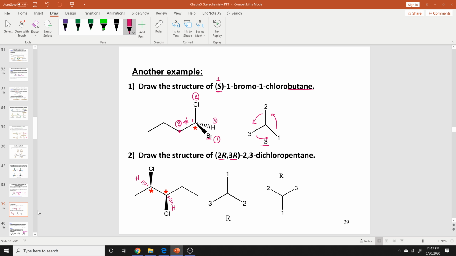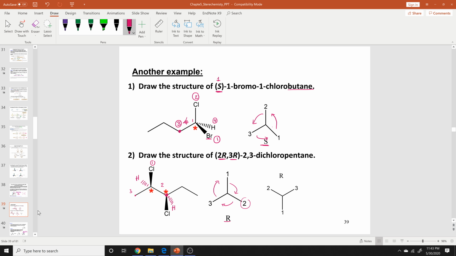So going by 1, this is going to be priority 1. This is a carbon-chlorine. This is a carbon-hydrogen. So this is going to be priority 2 on this side, and then priority 3 on that side. Hydrogen is going to be behind, so I shouldn't see it. I'm going by 1, 2, and 3. This is clockwise. It is an R configuration.